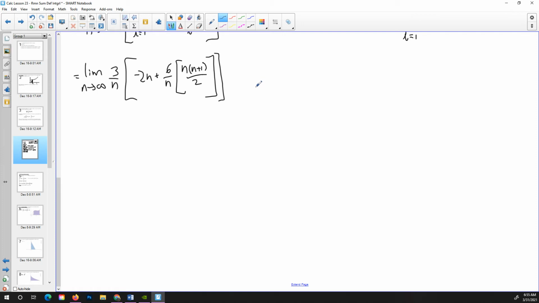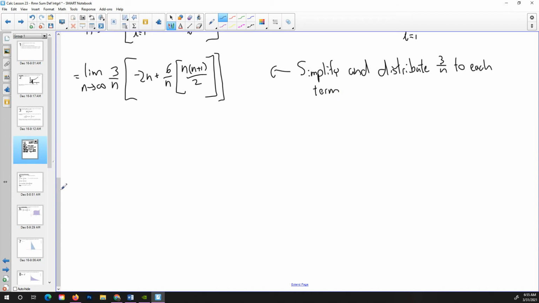And so now I'm going to do some simplifying. We're going to simplify and distribute the 3 over n to each term.